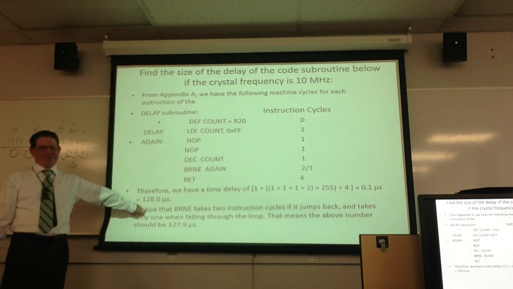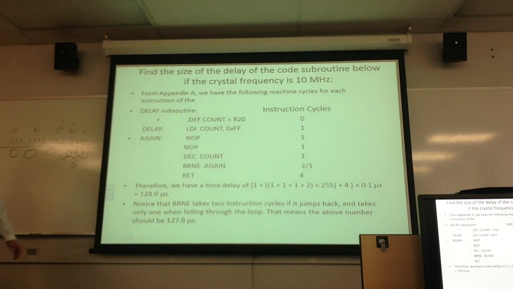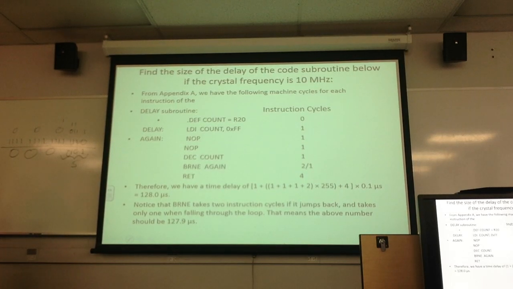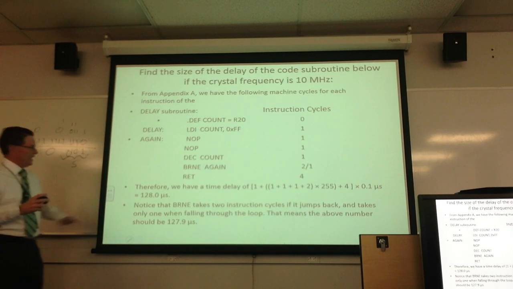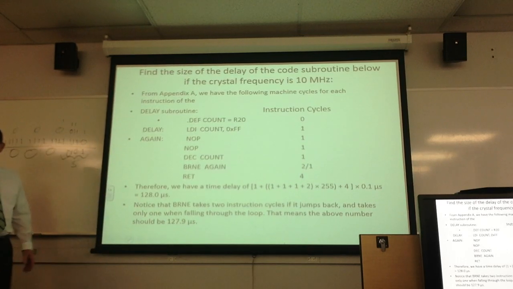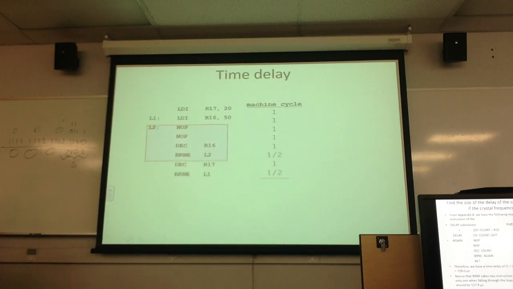There it is. So I added it in, and then I take it off. So in reality, we take the one machine cycle here off. Same thing. Okay, time delay.